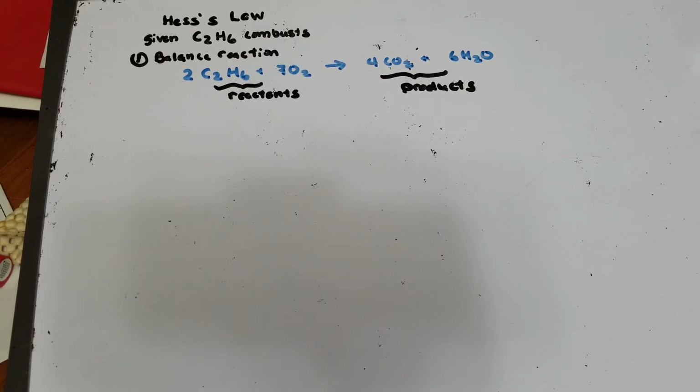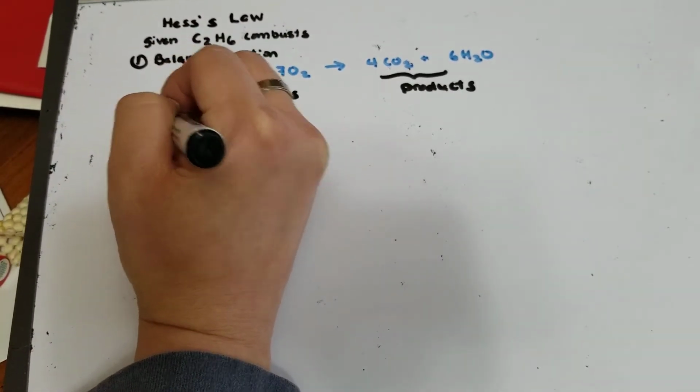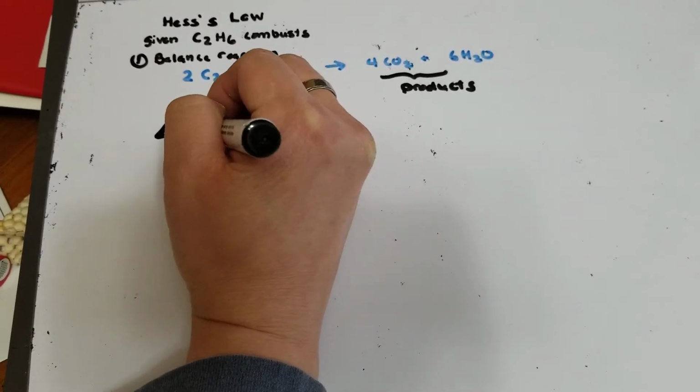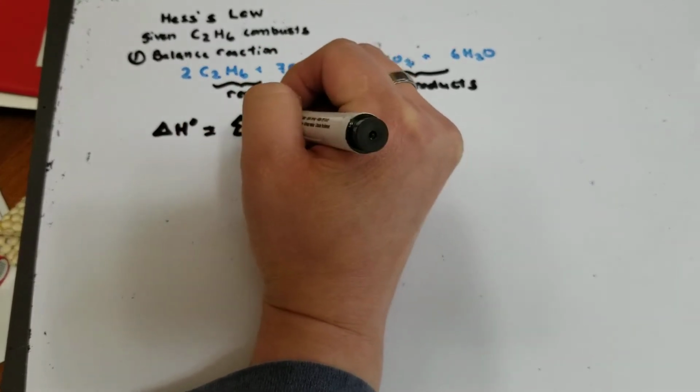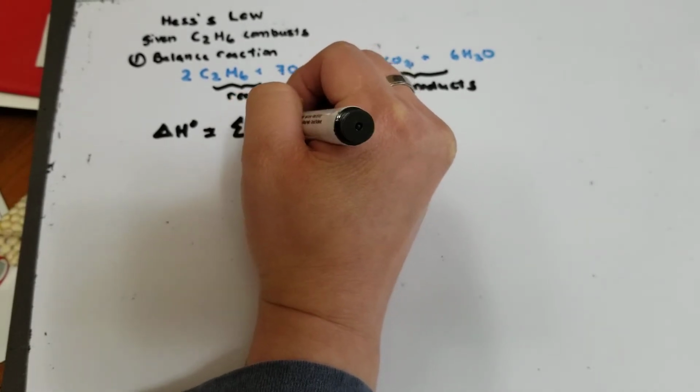Now, if you recall from looking at the notes, there's a very long formula that goes with this. So I'm going to write this out now. Sum of n.